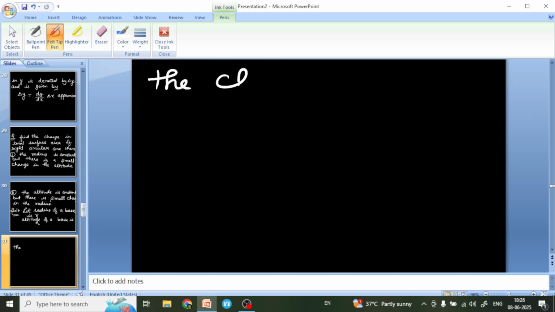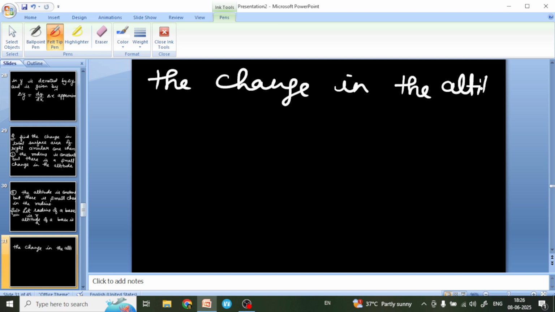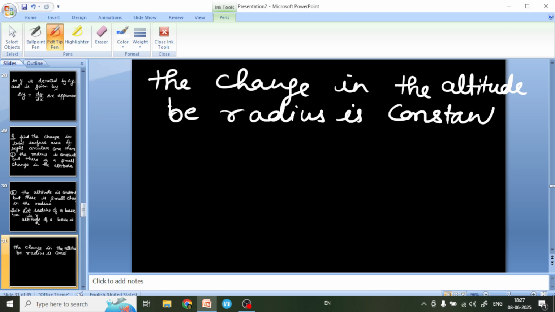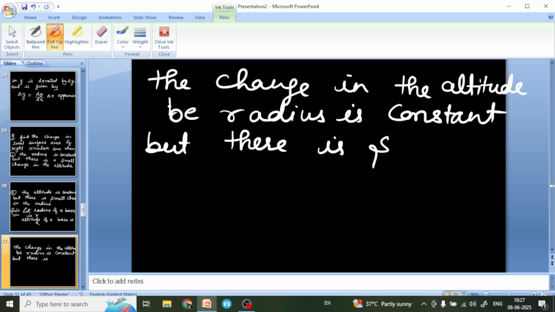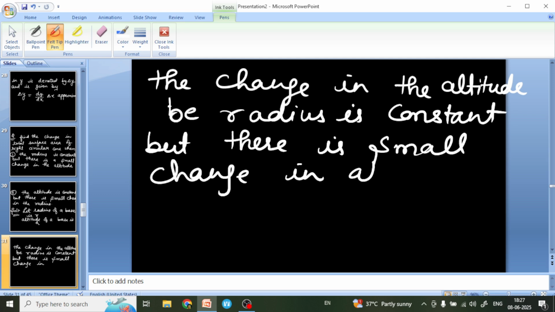The radius is constant, but there is a small change in the altitude, that is delta h.